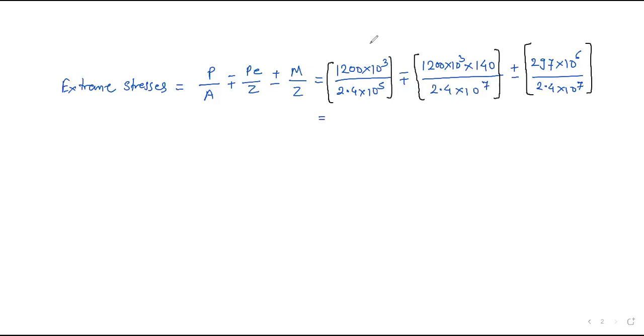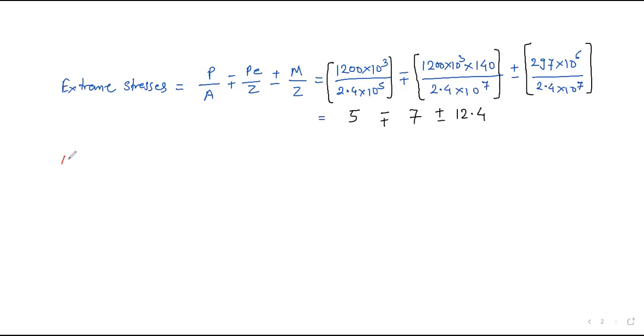So the first bracket is 5. 5 minus plus, second, 7. And third, 12.37, so 12.4 near about. Now we will calculate the extreme stresses at top and bottom.